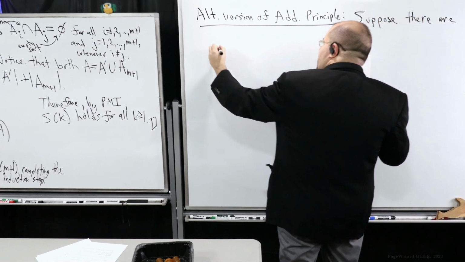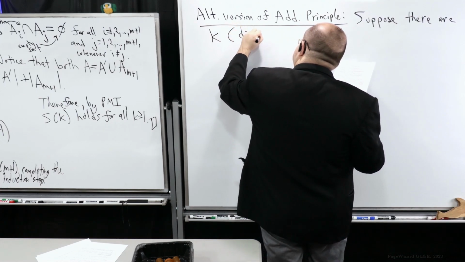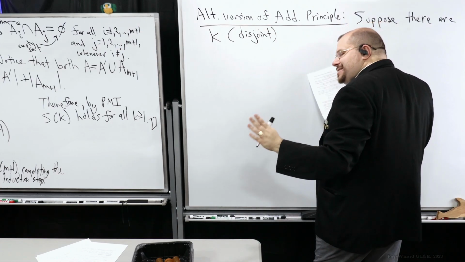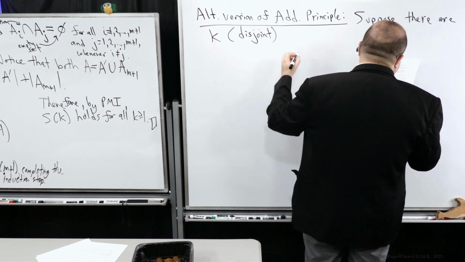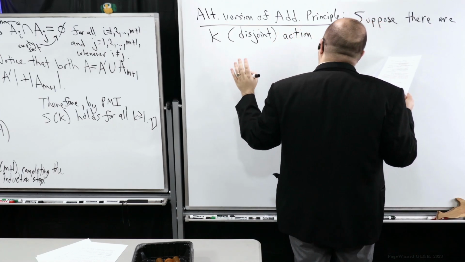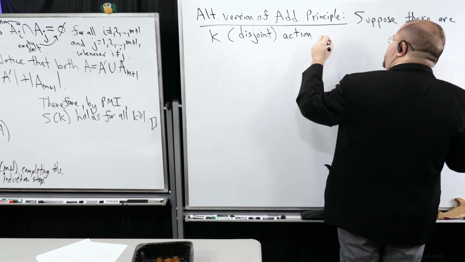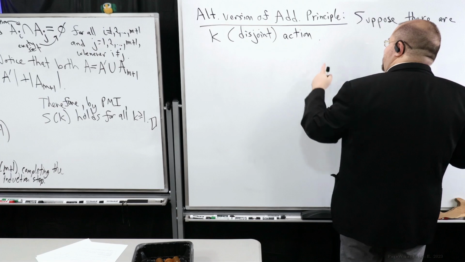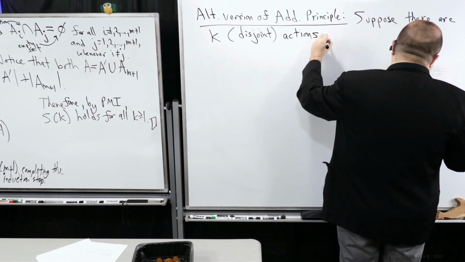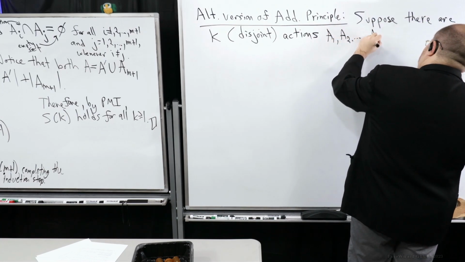Suppose there are k, and I must stress that these must be disjoint. For those that are statistically inclined, I mean independent. But we're using disjoint in the sense that we talked about actually here. There's nothing in common amongst these actions, okay? So that if you did one of them, it wouldn't influence the other ones, okay? k disjoint actions, A1, A2, all the way up to Ak.